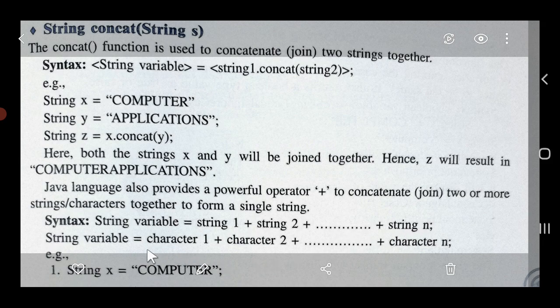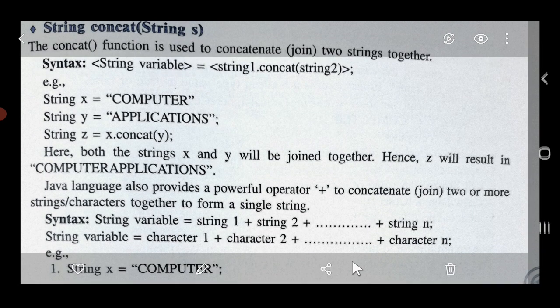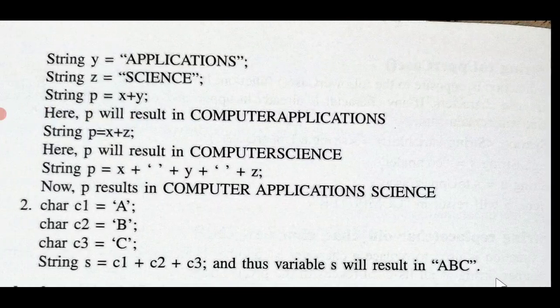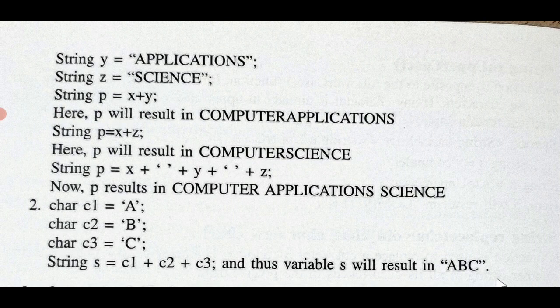Now after that, string variable equal to character 1 plus character 2 plus dot dot dot character n. So this plus is also working like that, but we need to understand the programming example. So string x equals computer. Okay. After that, students, we have second string, that is applications.